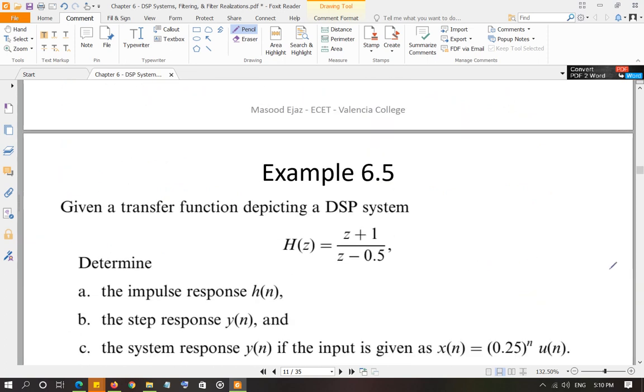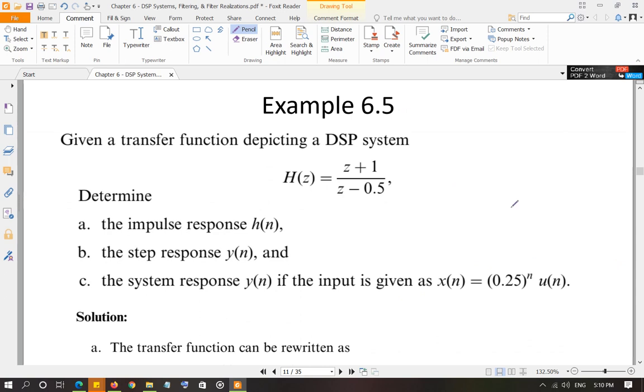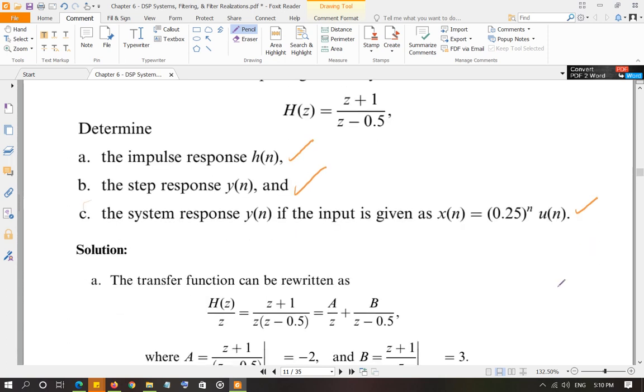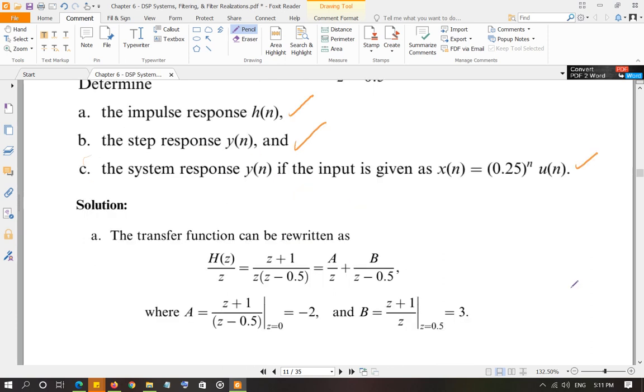It's an example from the book. I just copied and pasted. H(z) is given as z plus 1 over z minus 0.5, and they're asking you to calculate the impulse response, the step response, and if x(n) is 0.25 to the power n u(n), then the system response. So as I mentioned, multiply X(z) by H(z). In the first case, X(z) will simply be 1 when x(n) is an impulse.